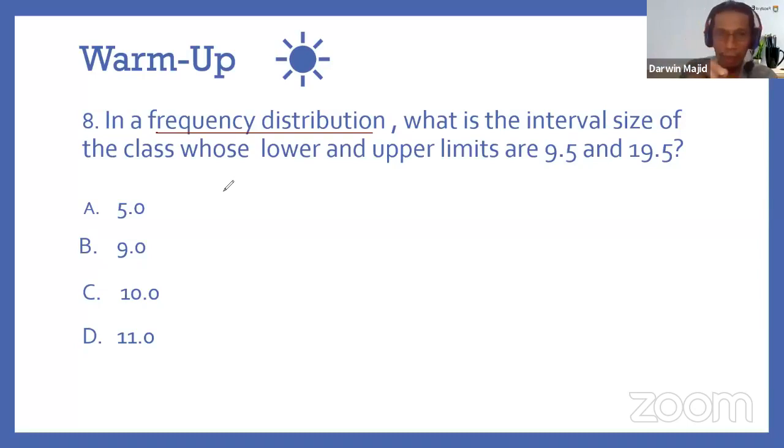That's why we always have a standard to follow: the upper limit minus lower limit will give you your class interval. I don't just decide 0 to 5, 5 to 10. We need to identify these limits, meaning these are the boundaries.